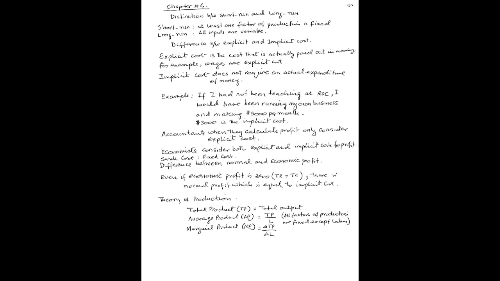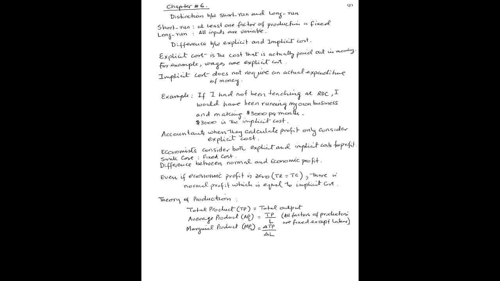Economic profit is total revenue minus explicit cost, that is out of pocket expenses, minus implicit cost. If economic profit equals zero, it means normal profit. If economic profit is negative, you're not going to run that business. If economic profit is more than zero, that is called abnormal profit.